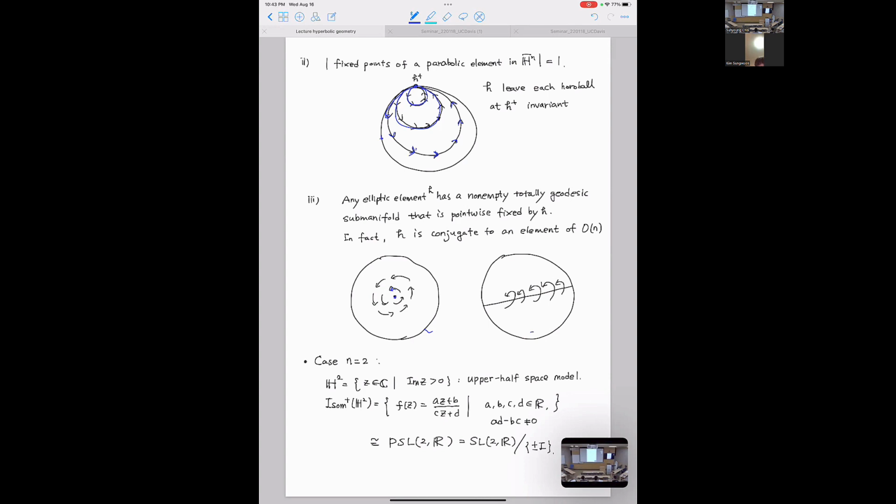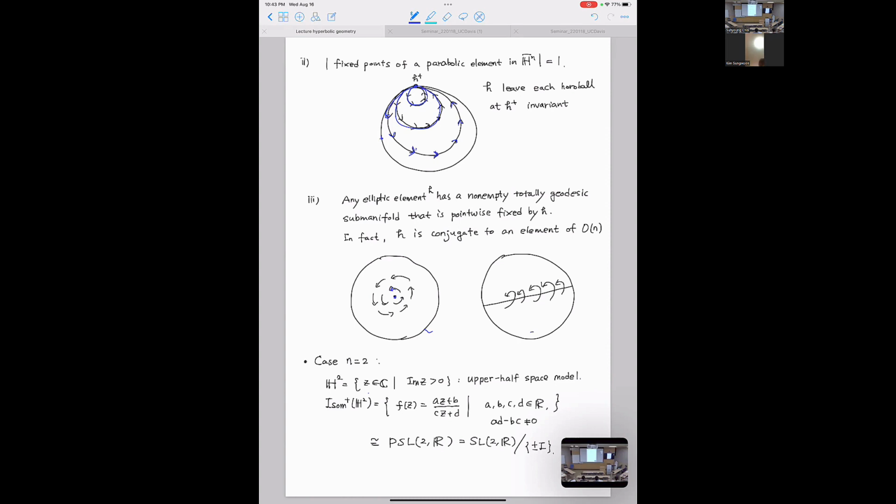In the n equals 2 case, you can classify all isometries in terms of the trace. If you think of the upper half plane model in the complex plane, the two-dimensional hyperbolic space is identified with the space of all complex numbers with positive imaginary part.